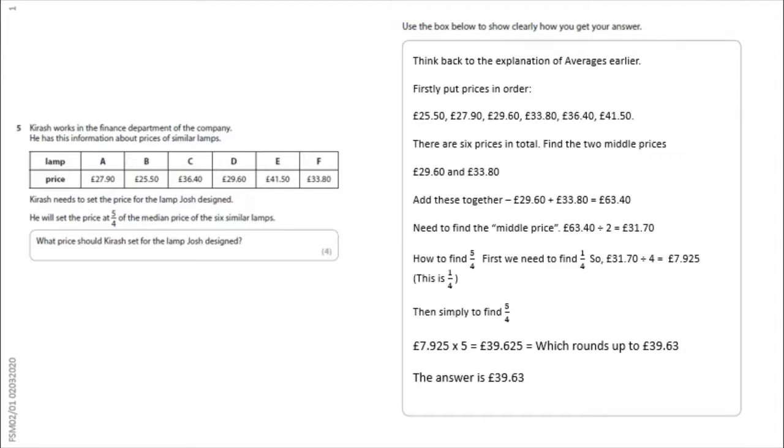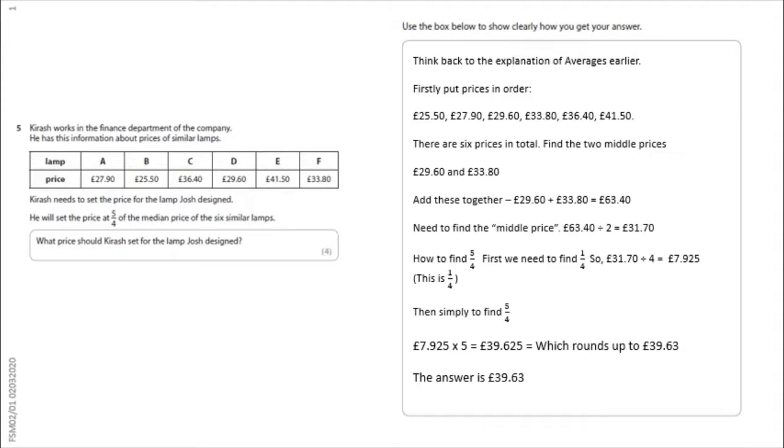So to find a quarter, all we need to do is take our £31.70, which is our median middle price, divide that by 4. That gives us £7.925. How do we find the 5 quarters? Well, all we do now is take that £7.925, times that by 5, which just gives us 39.625.